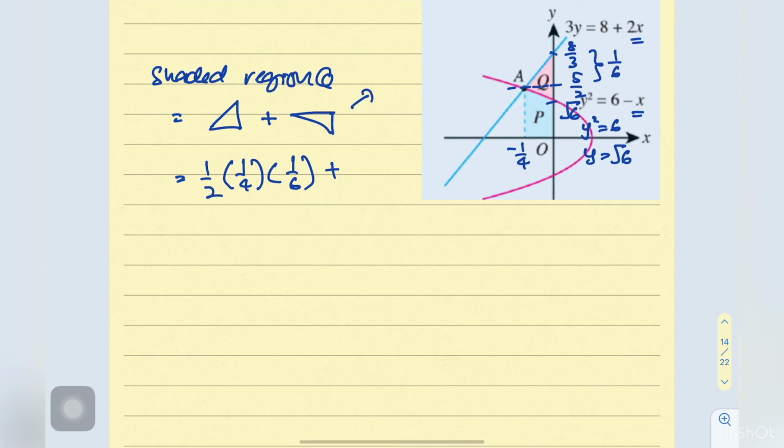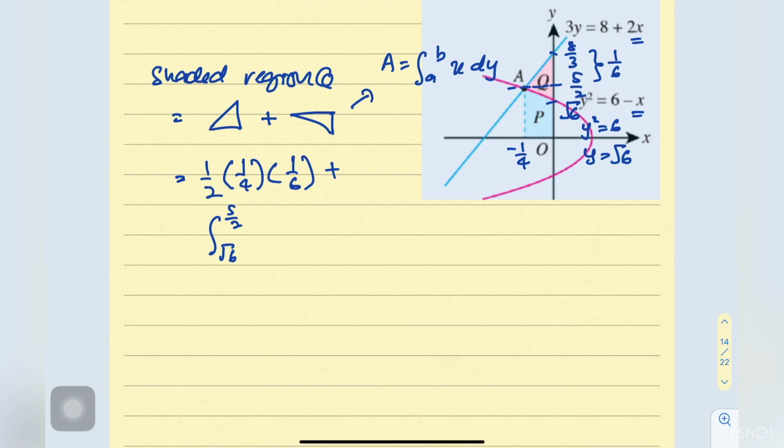Plus this one, where we use the formula area equals the integral from a to b of x dy, because a and b are values of y. Then we substitute the limits: lower limit square root 6, upper limit 5 over 2, of x dy.